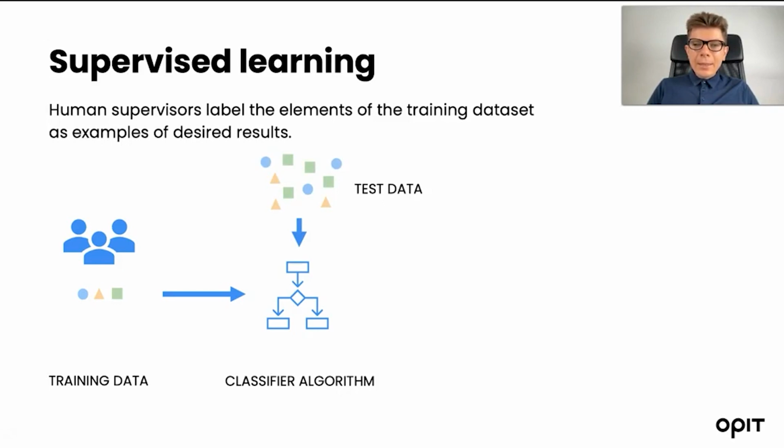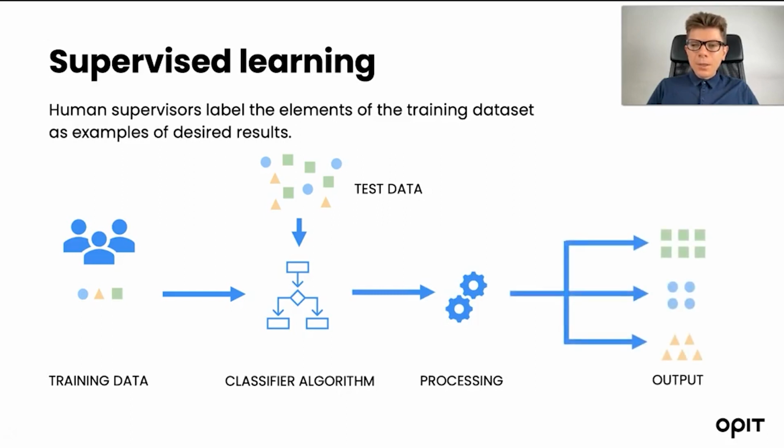The test data is a data set in which we also have different shapes, but they are not described as such. So, in principle, the algorithm should not know which one is which. But based on the patterns it learned to recognize from the training data, it is then enabled to understand and to classify those different shapes and put them into separate categories.